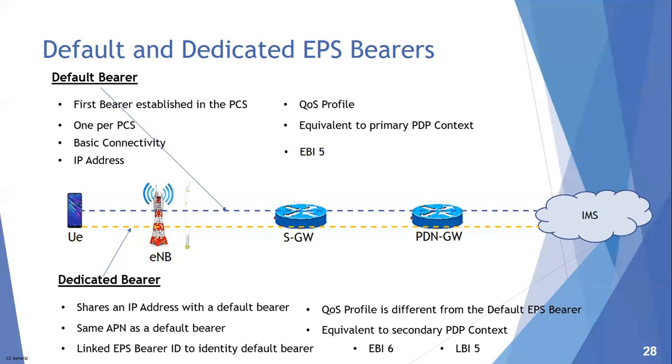Let me tell you. This is something we'll explain called the traffic flow templates, whose function is to filter this traffic, look at all of it and what quality of service profile it needs, and by its need, move it to the bearer that can work with it.